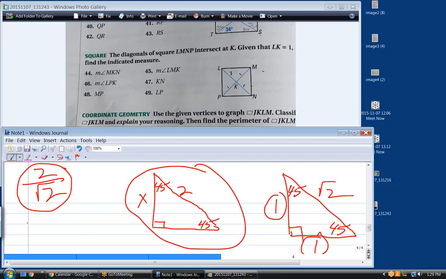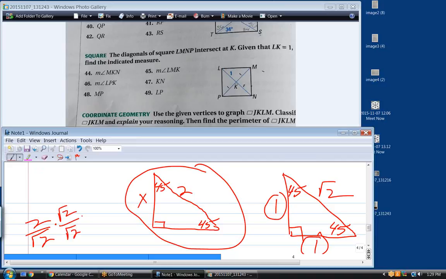Well, 2 over square root of 2 has one problem with it. It's not rationalized. So we have to rationalize it by multiplying by square root of 2 over square root of 2. That gives us 2 square root of 2 over 2. That's what x is, square root of 2.